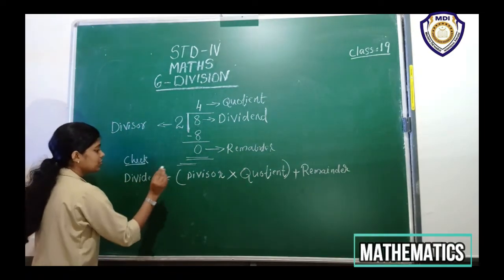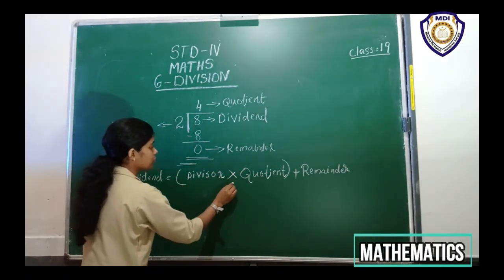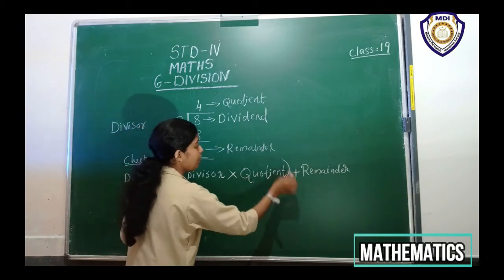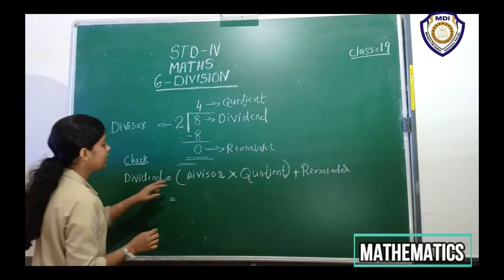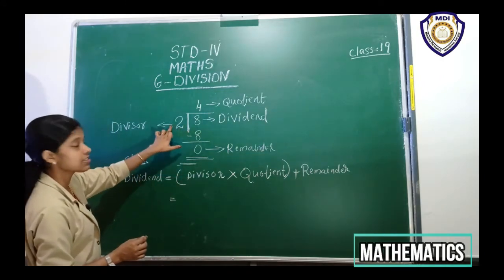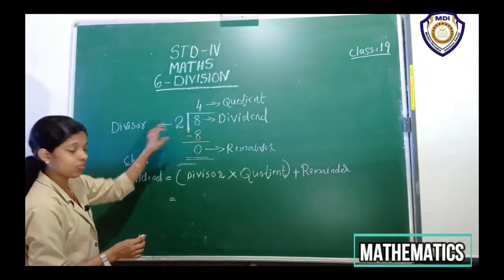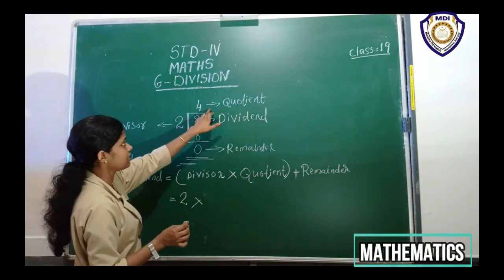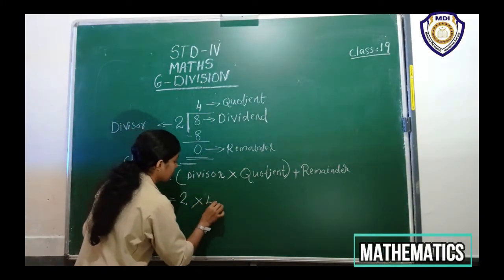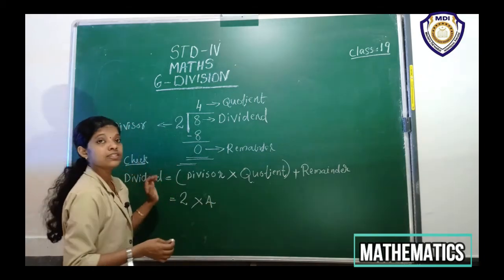Here in this problem, divisor is 2. Right, 2 is here. Then into quotient. Quotient is 4. Then plus remainder.